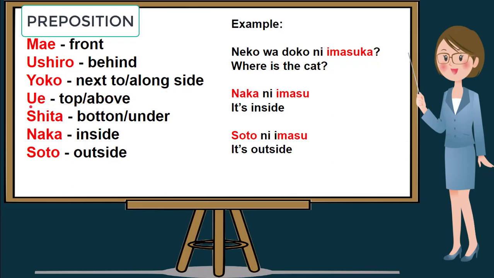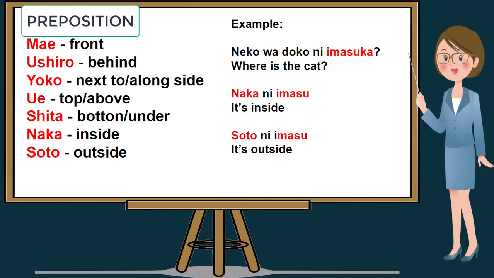The next one is ue, or it means top or above in English. The next is shita, which means bottom or under in English. The next one is naka, or inside in English. And the last one is soto, or outside in English.